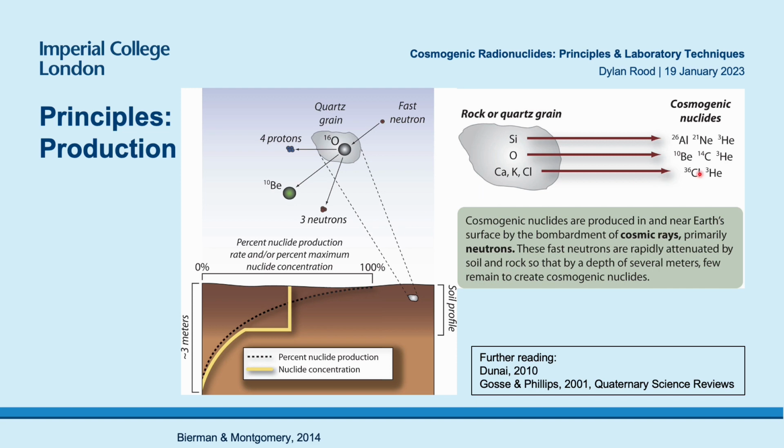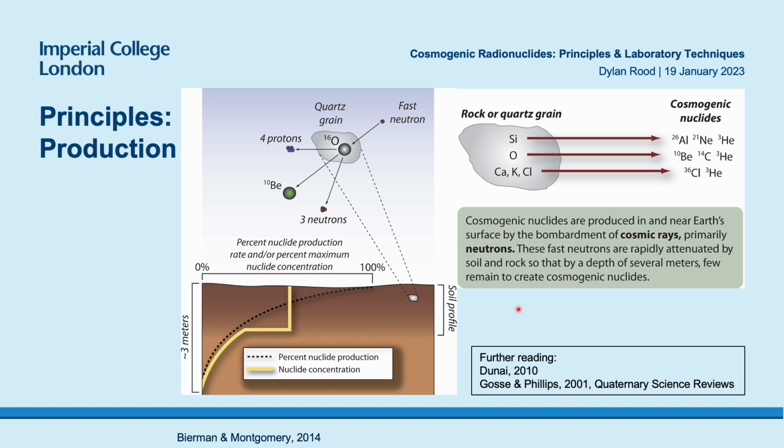What's important to understand is there's a suite of cosmogenic nuclides that include both radioactive and stable isotopes that are produced by these cosmogenic production pathways on elements that are common in rock-forming minerals. So I'll be mostly discussing beryllium-10 and aluminum-26 today, which are the most common nuclides that we've been using.